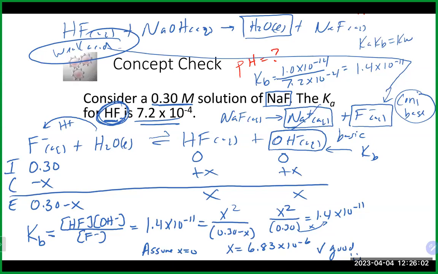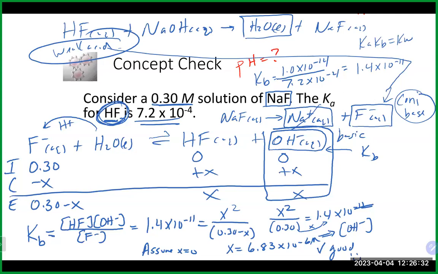So we also want to remember, and again, important to make sure we have written our ICE table correctly here, that X does not equal the H. That means that we would have our OH minus concentration in this case.